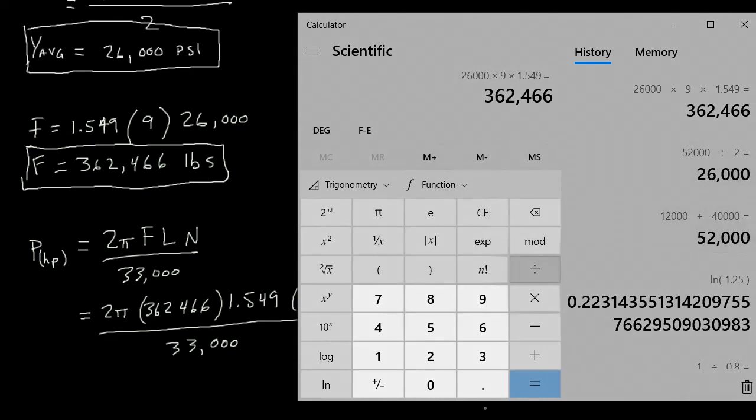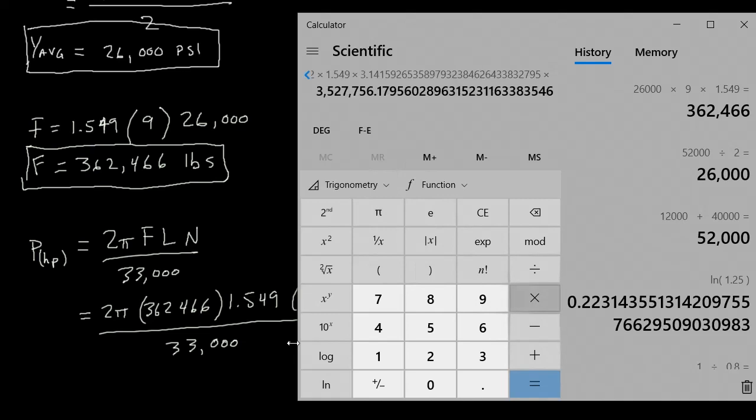Okay, so multiply 362,000 by 2 pi, so 2 times pi, and then multiply that by the 1.549. I don't think I have my pi in there. There we go, it's in there now.